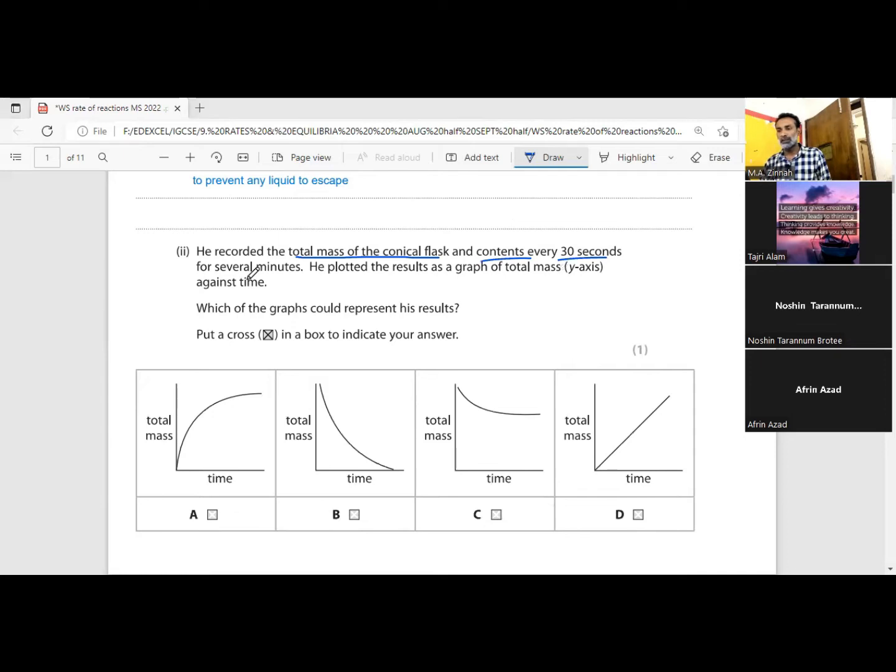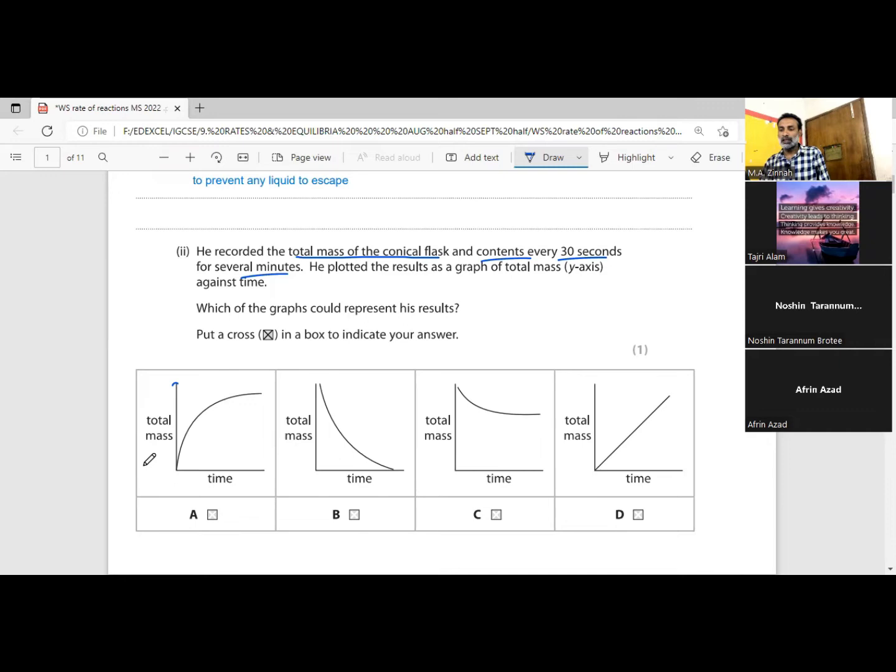Every 30 seconds, for several minutes. So at regular intervals the change in mass was monitored. He plotted the results as a graph of total mass on the y-axis against time. Which of the graphs could represent this result?